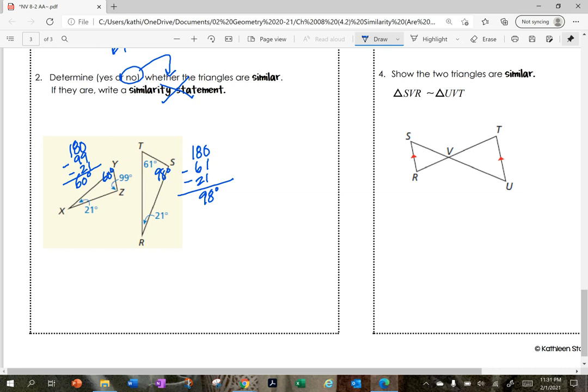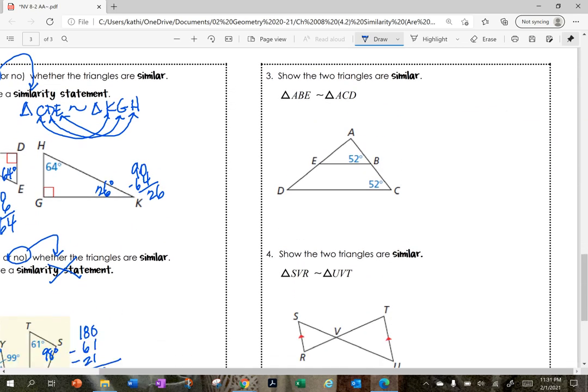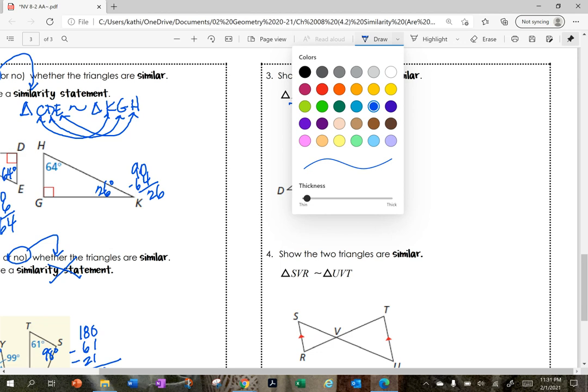Okay, let's try the next one. Show the two triangles are similar. I want to show that triangle ABE is similar to triangle ACD.